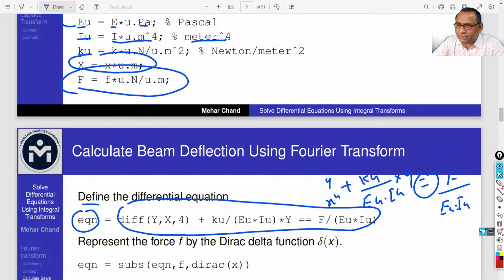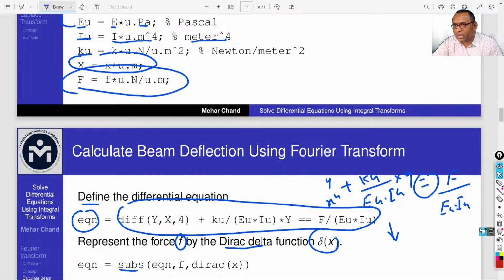After that, we need to replace force F by the Dirac delta function, which is acting vertically downward as you saw in the diagram. So the subs function is there. We use the subs function to pass the value.